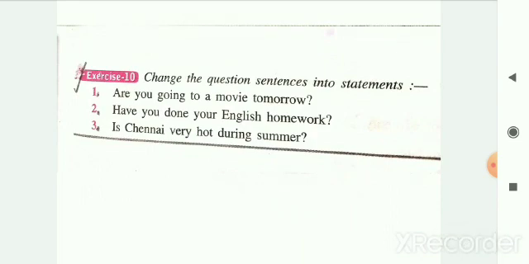You will make them into a simple sentence which is called a statement. Is Chennai very hot in summer? The third one. So here what will we say? Chennai is very hot during summer. I hope you understood. So it should not be very difficult for you.